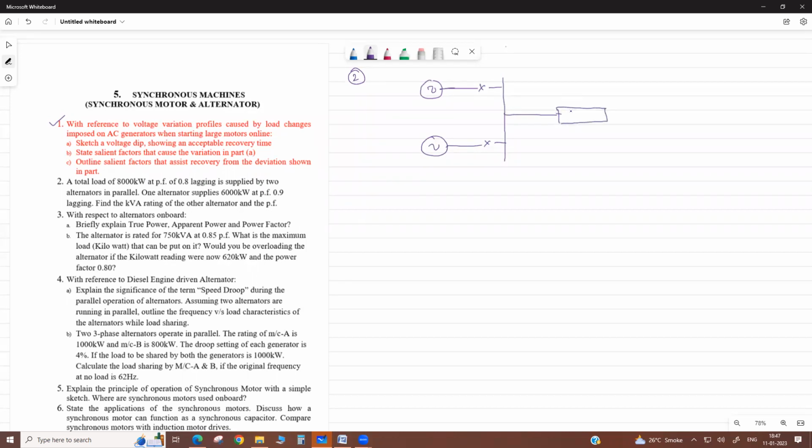This is the total load on the machines, 800 kilowatt total load, at 0.8 power factor. This is your bus bar.